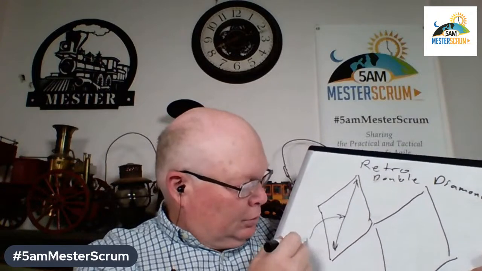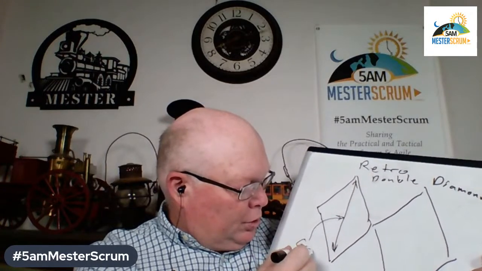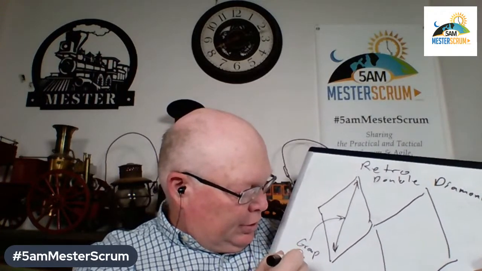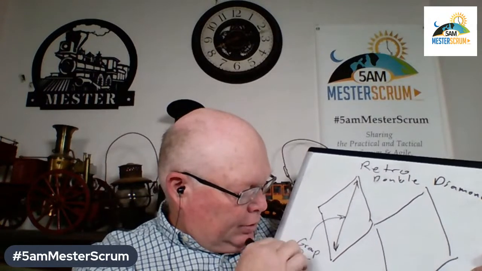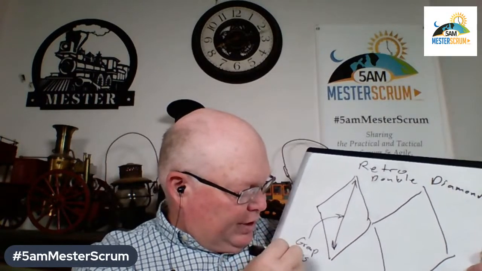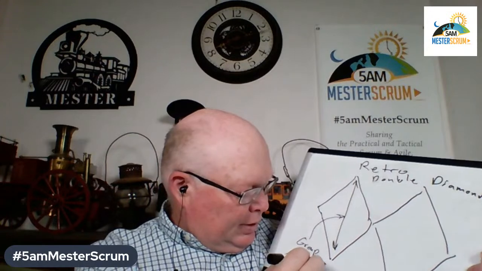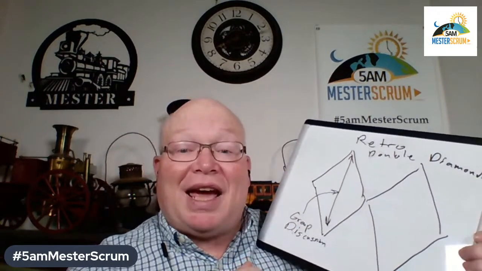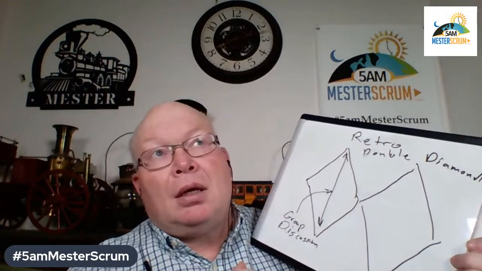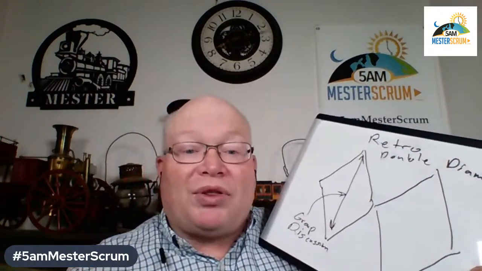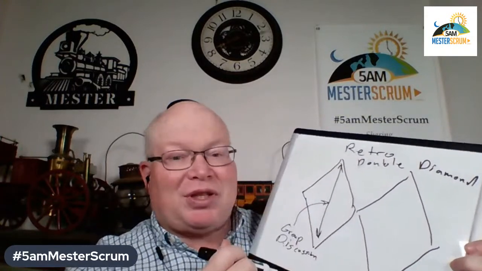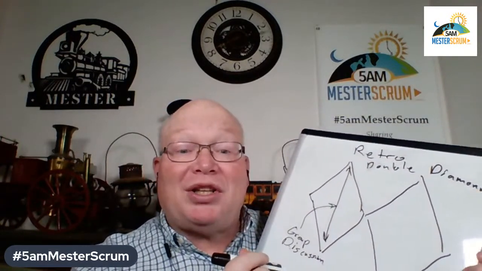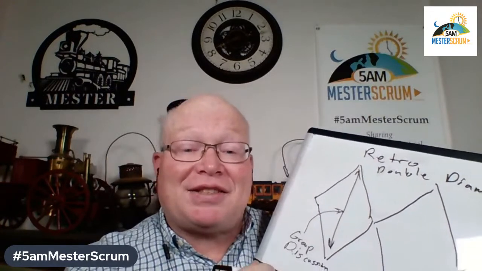So there's a group discussion, and all the things that they could actually cover or things they want to talk about. So you get everyone's feedback. This is the group discussion, getting feedback on what they could talk about, what they could fix.